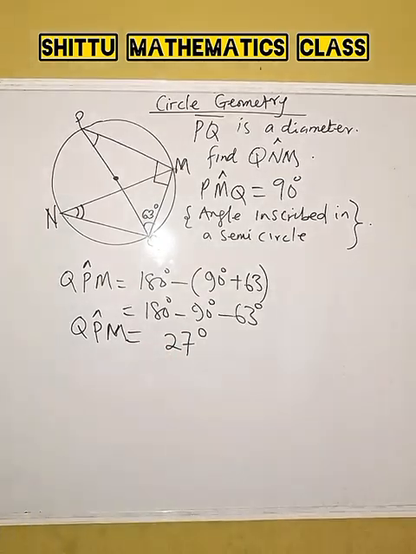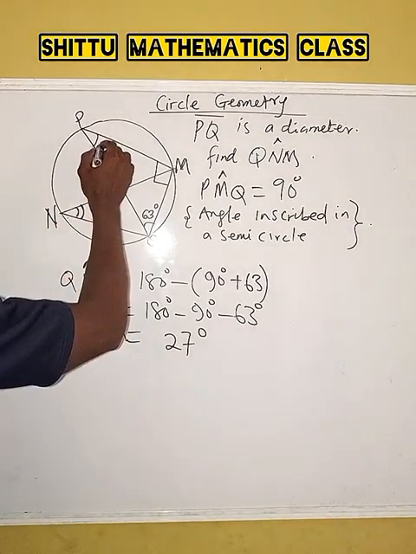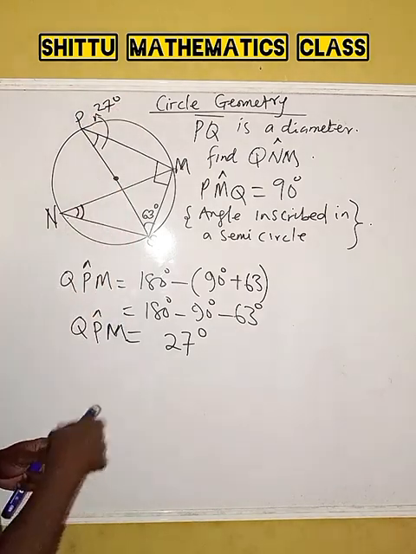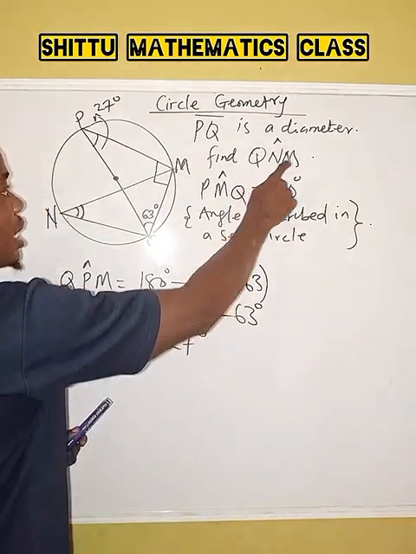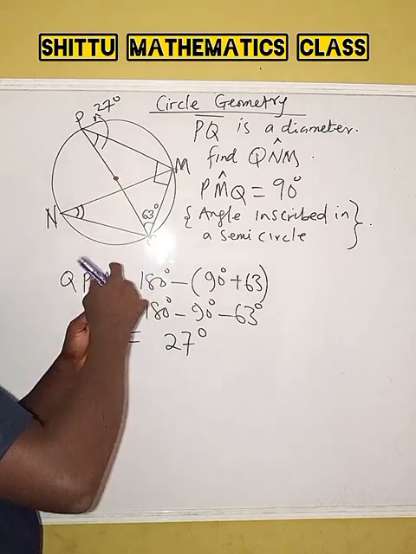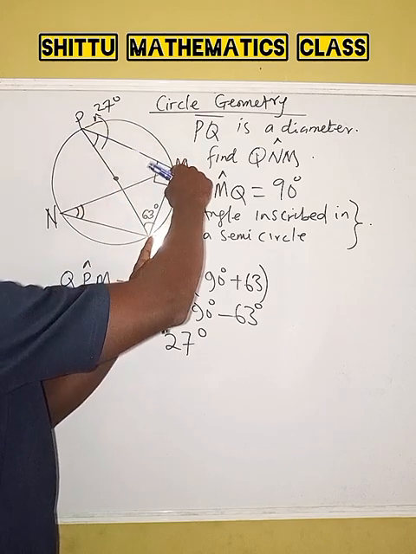Therefore this angle here is now 27 degrees. The angle we are looking for is QNM. Since this place is 27, place your hand there. Can you see?